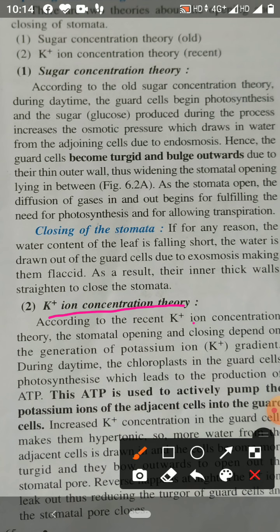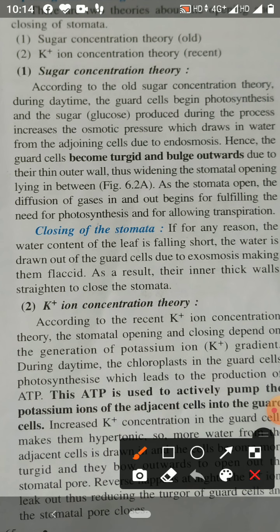During the daytime, in the presence of light, ATP is produced. That ATP is the energy currency. This ATP is used to pump potassium ions from the adjacent cells into the guard cells.